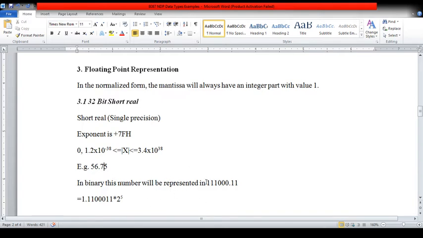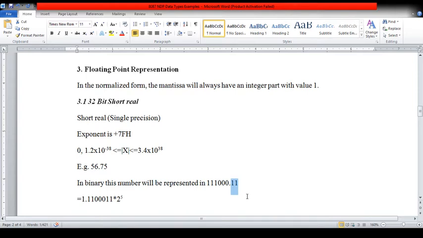Whenever we get the binary representation of this number, the normalized form says that the mantissa will always have an integer part with value 1. So if this is my complete number, out of this, one will be my integer part and this will be my fractional part.